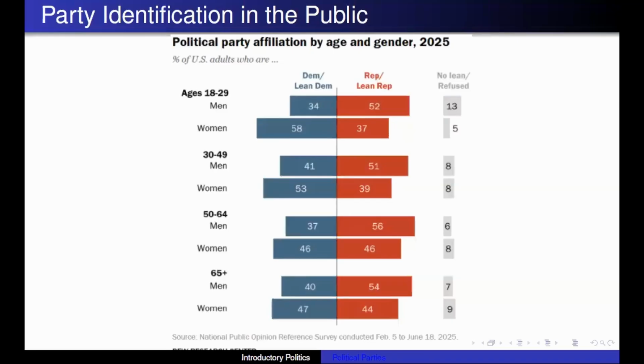That's really only true for young women. Young women tend to overwhelmingly support Democrats. However, young men tend to support overwhelmingly Republicans. In the 30 to 49 age category among men, we see the same kind of thing. Men within this age category tend to identify as Republican, women tend to identify as Democrat.